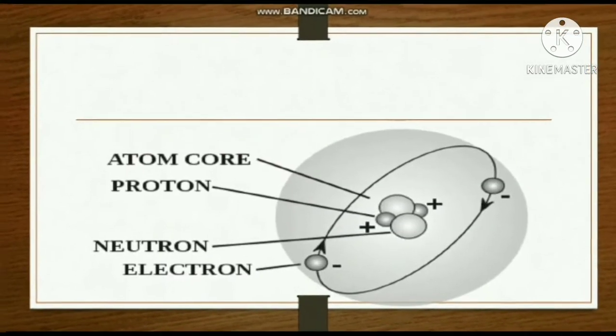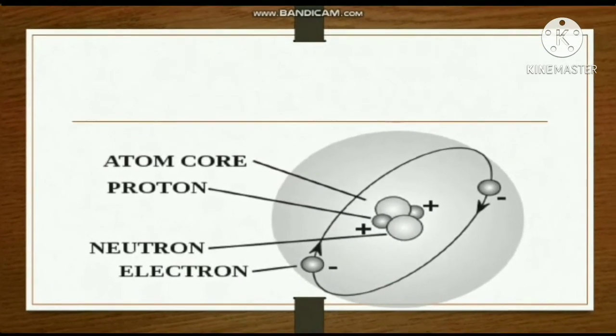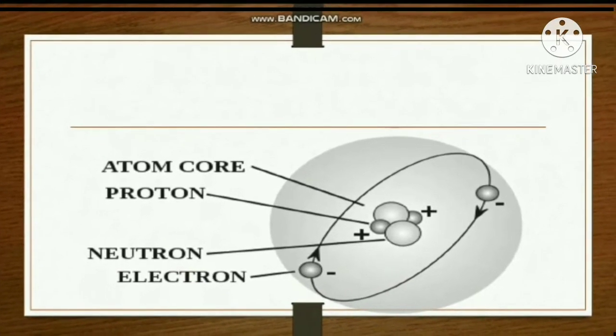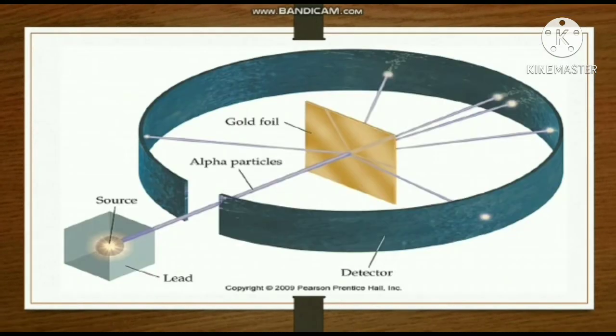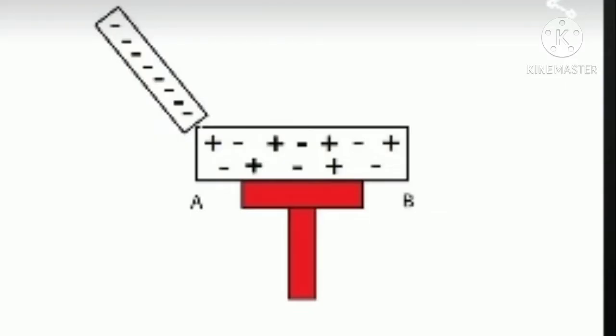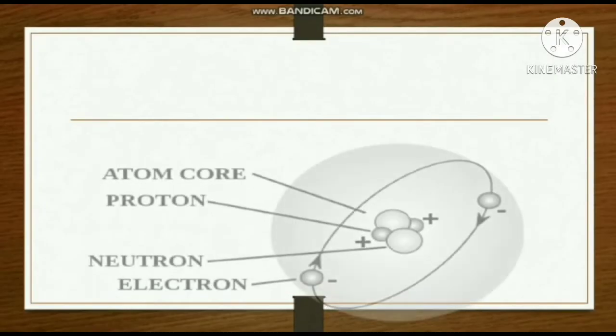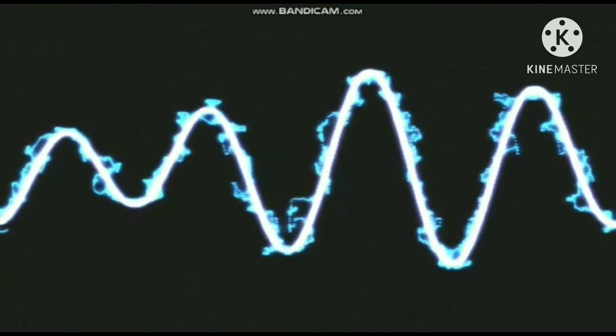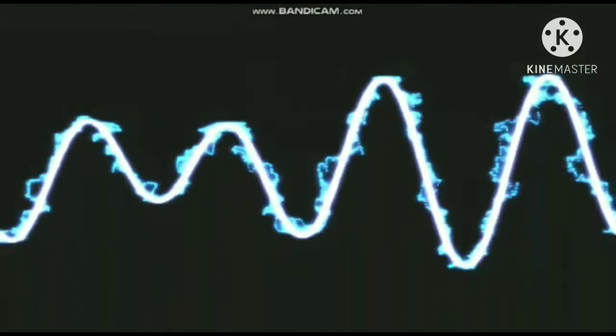In our previous video, we have learnt about the structure of an atom, the presence of protons, neutrons and electrons, and how the charge is formed in an atom. What is electric current or electricity, and the two types of charges, positive and negative charges, like and unlike charges, which are responsible for the flow of current.